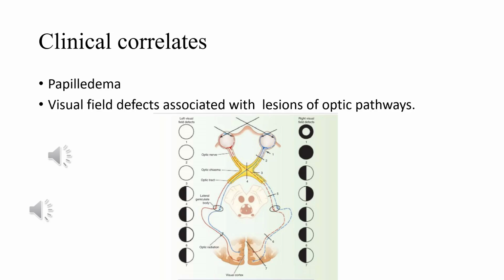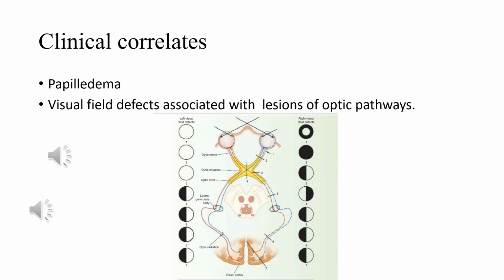Then comes the lesion at level 5. The lesion at level 5 is at the level of the optic tract. The lesions are shown on the right side only, right? So the level 5 lesion is at the level of the right optic tract.